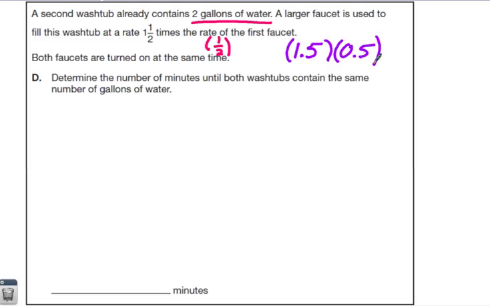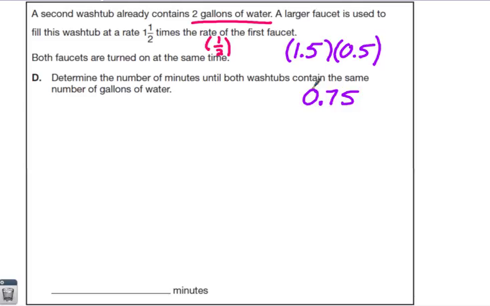If you want to work with fractions, whatever, using your calculator, not needing your calculator, I don't care. Fractions, decimals, but when you do that multiplying to get this new faster rate, you're going to get a final rate of 0.75. In other words, if you were working with fractions, it would be 3/4. Anyway, that takes care of that part.